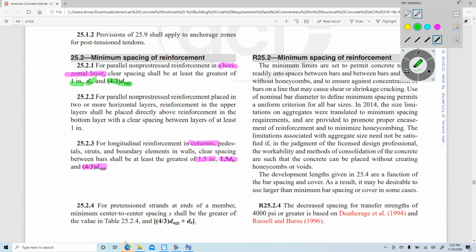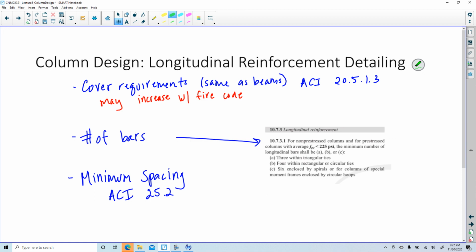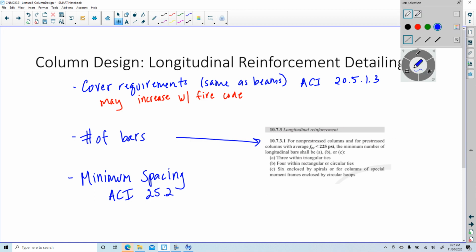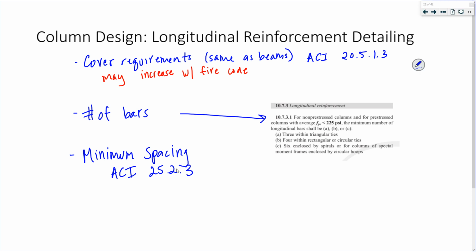That is 25.2.3, whereas beams was 25.2.1. It's the maximum of 1.5 inches, 1.5 times the bar diameter, or 4/3 the diameter of the aggregate.